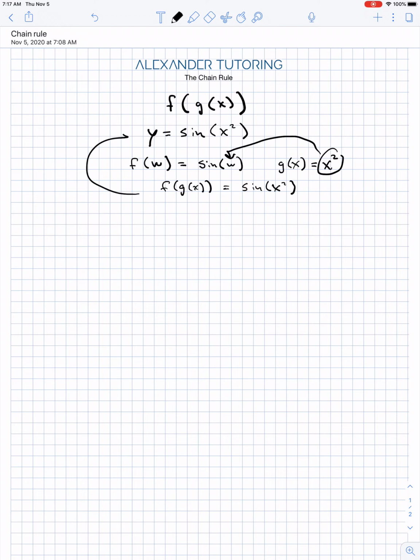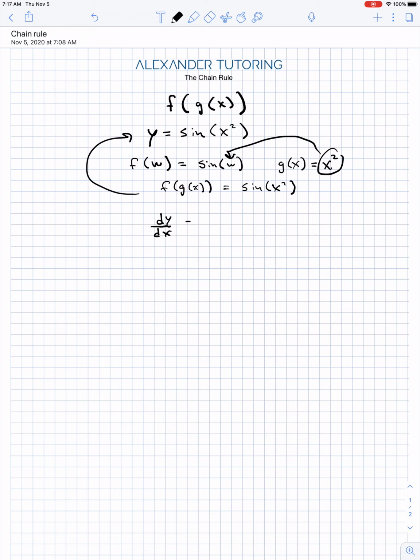Okay? So, the chain rule is for taking the derivative of composite functions, and it uses a really clever trick. So I'm assuming by now you've seen the notation d dx. This is an instruction to take the derivative with respect to x. Now we can write this a little different. Actually, I'll call it dy dx. That's the instruction to take the derivative of y with respect to x.